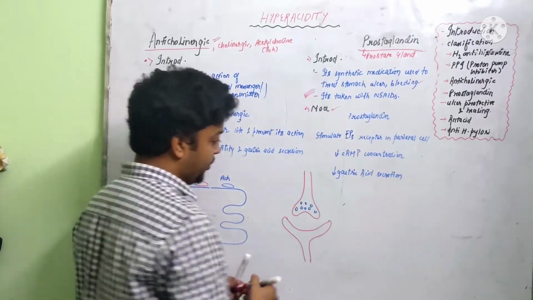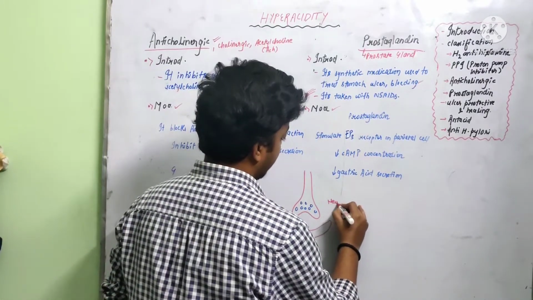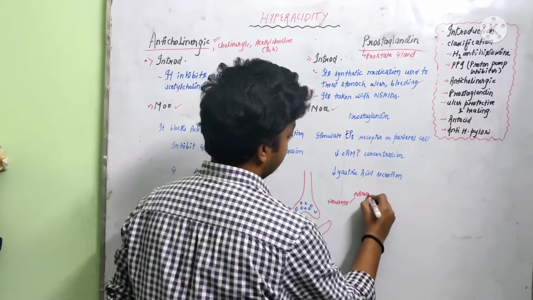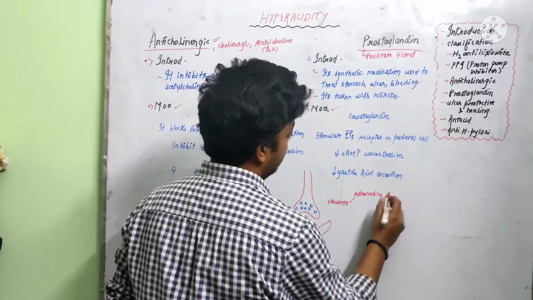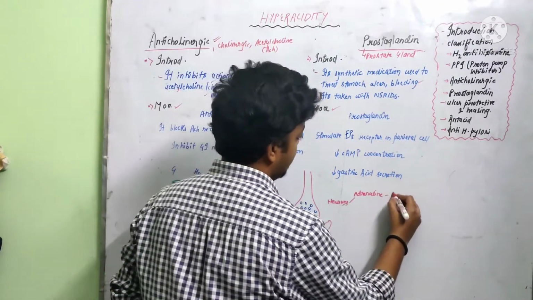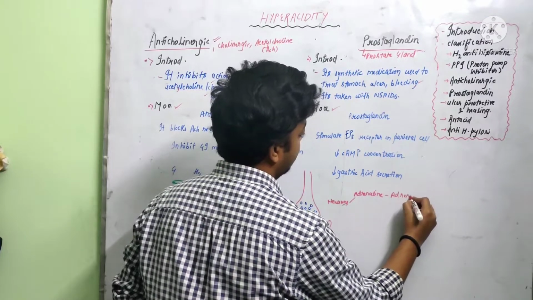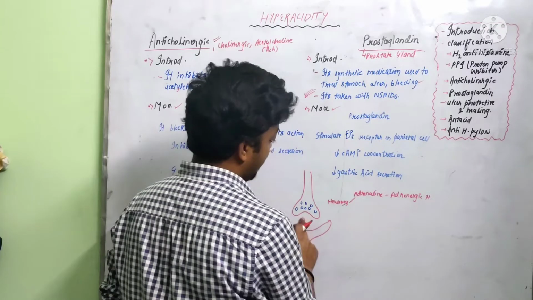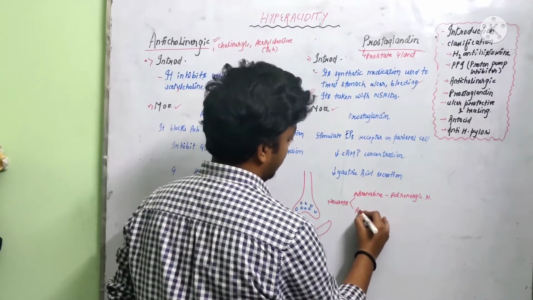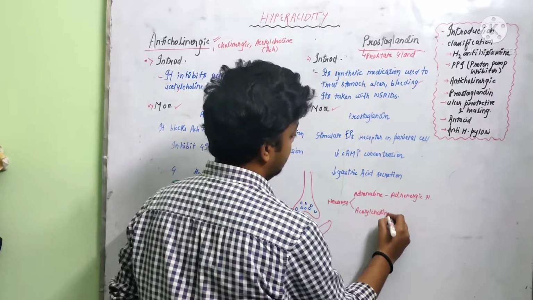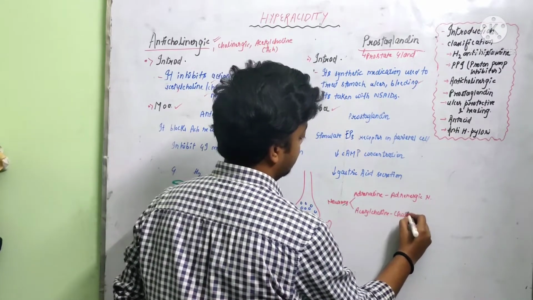That is, if the neurons release adrenaline as the neurotransmitter, we say this type of neuron is called an adrenergic neuron. Very simple. If the neuron is releasing acetylcholine, then that type of neuron is called a cholinergic neuron, okay?